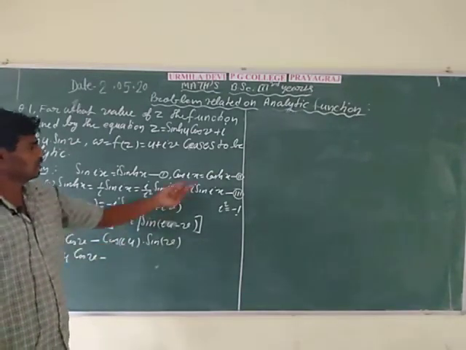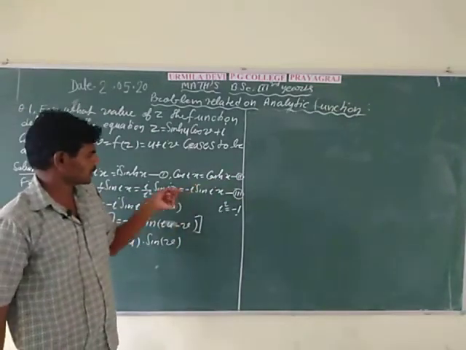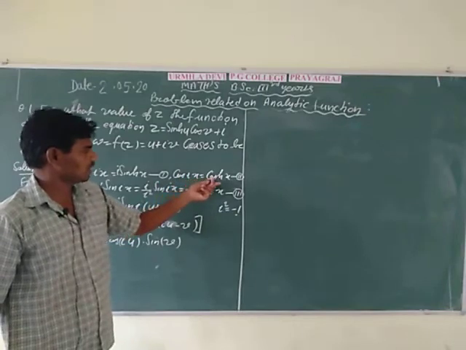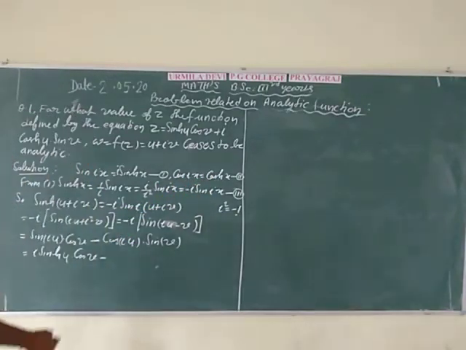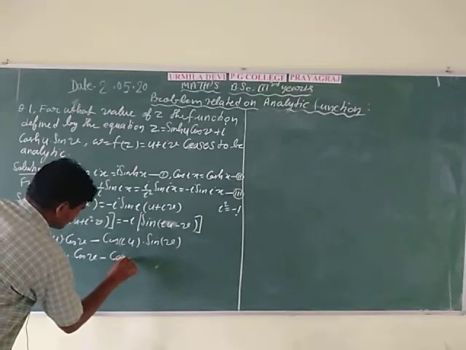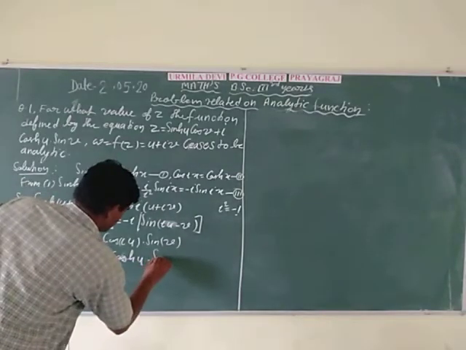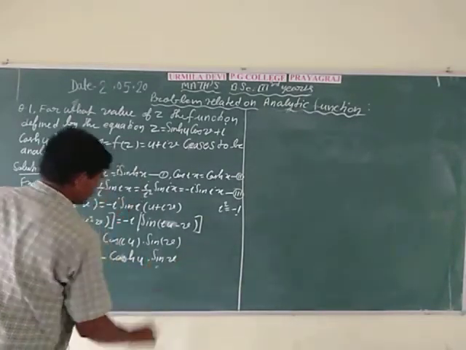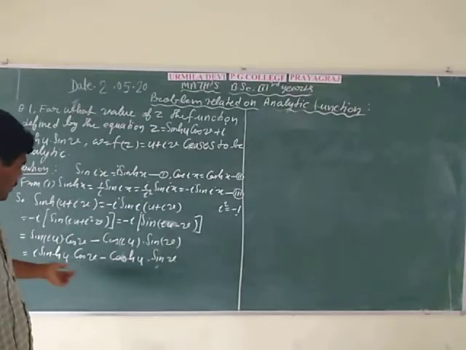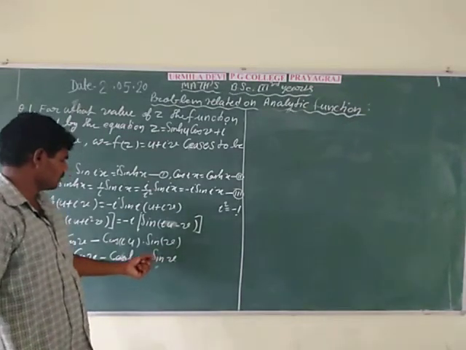By the second formula, cos ix = cosh x, so cos iu = cosh u, into sin v. We write sin v directly because it is not dependent on the hyperbolic function. So the total is i sinh u cos v minus cosh u sin v.